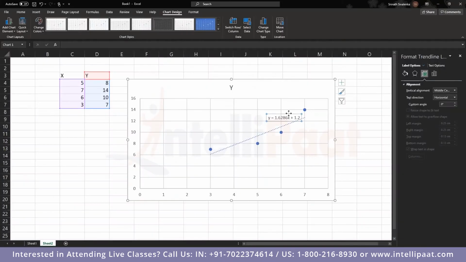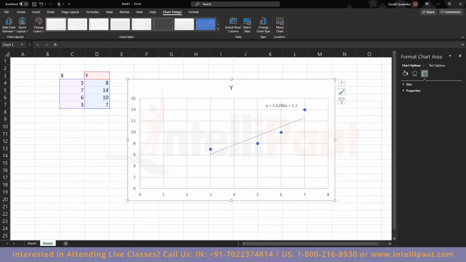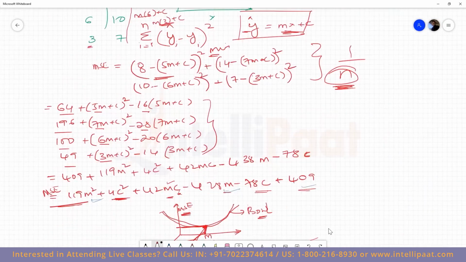So your linear regression equation, according to Excel, is 1.6286x plus 1.2. That is what we are seeing at this particular point. So we've got a slightly different value of M and C here. I wonder why. Let me try to understand this. Did we make a mistake somewhere?